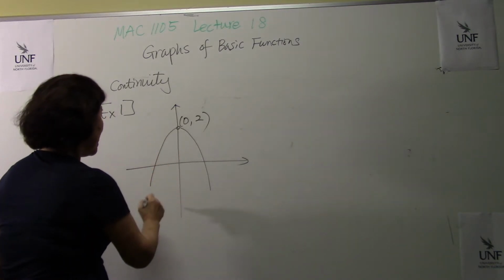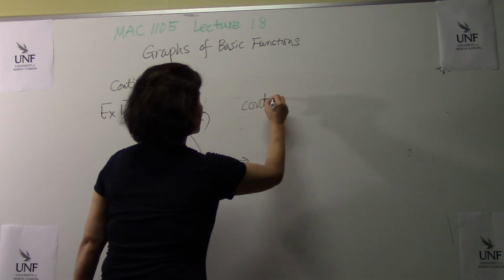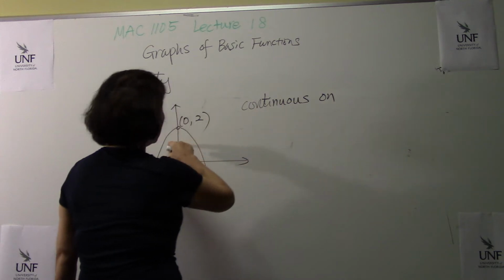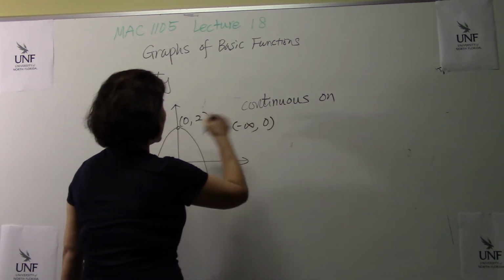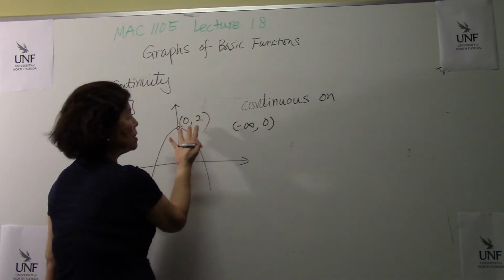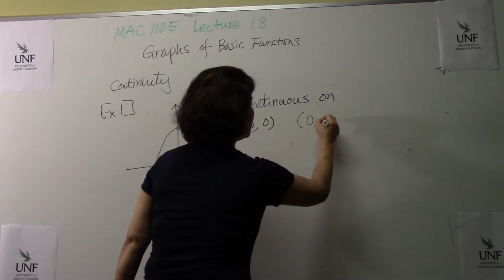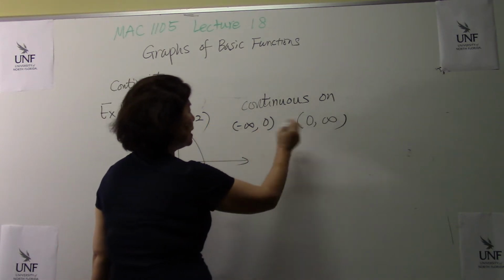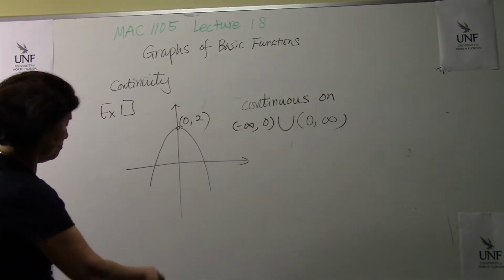So we can say this function is continuous on this interval from negative infinity to 0. And then 0 is the only point which shows discontinuity. So from 0 to infinity, and over this interval and this interval, we unite them. So we use union. Okay?